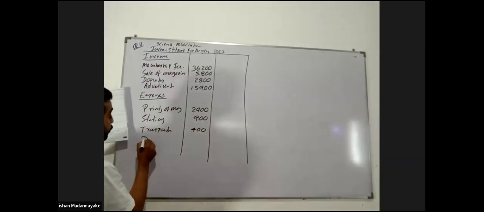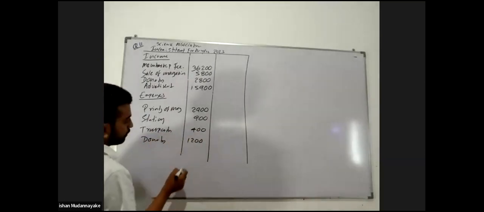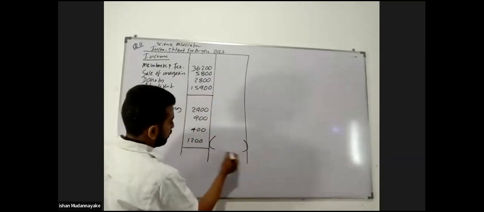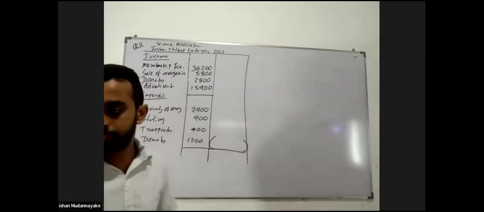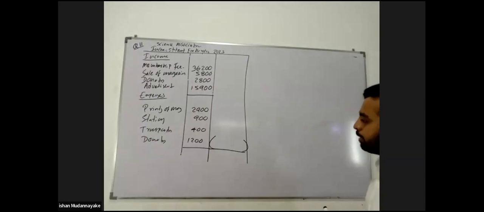Payment as donation, 1,200. Calculate total income, calculate total expenses, income minus expenses, surplus or deficit. How much is the total income? How much is the total expense?